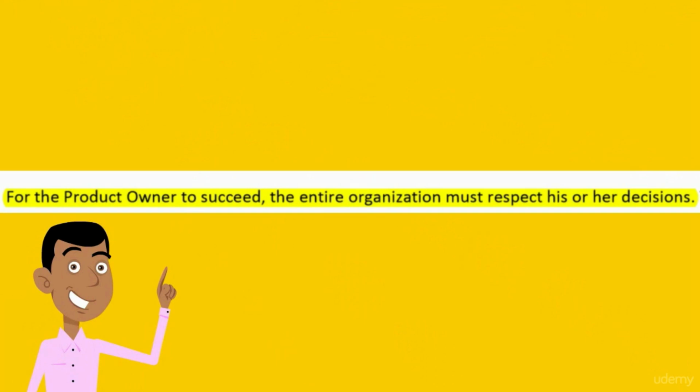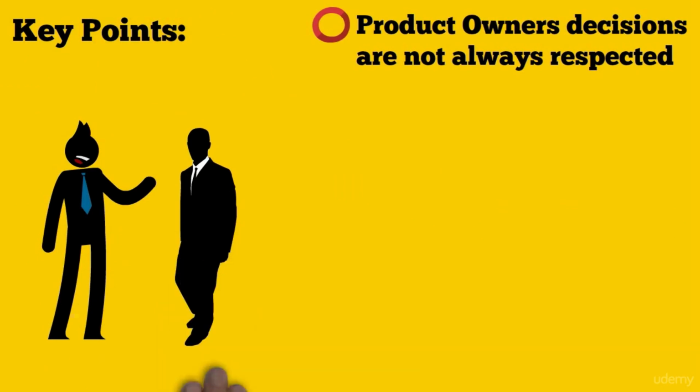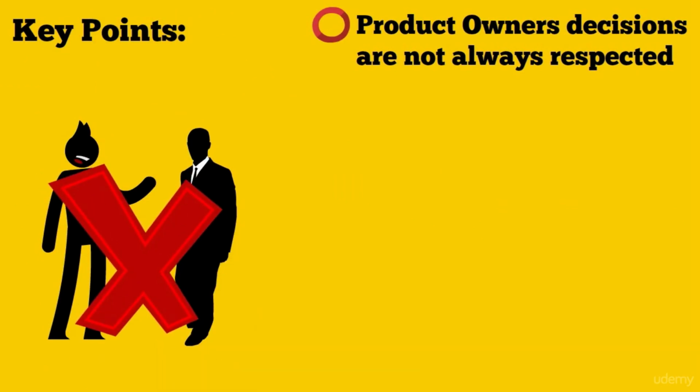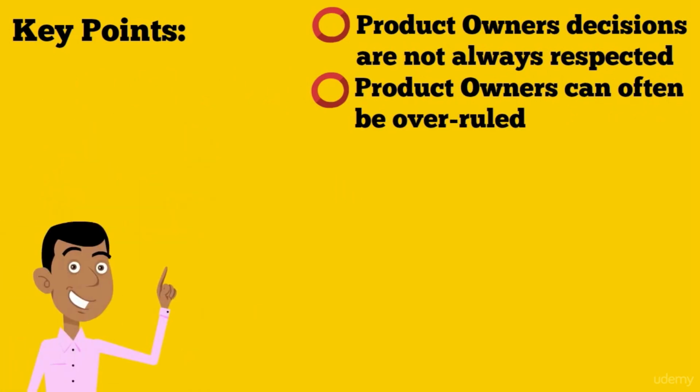A lot of times, the difficulty we have is that in the real world, if I'm really honest, in a lot of situations, the product owner's line manager or seniors often do not respect the product owner's decisions, or they do respect the product owner's decisions, but because of their status, they actually have a right to overrule the product owner.